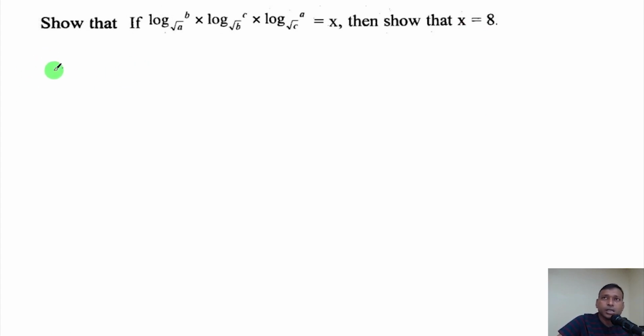So in this problem we have to show log b to the base root a cross log c to the base root b cross log a to the base root c equal to x.